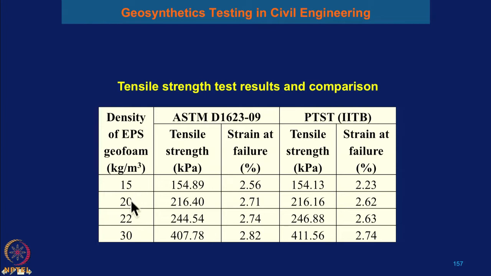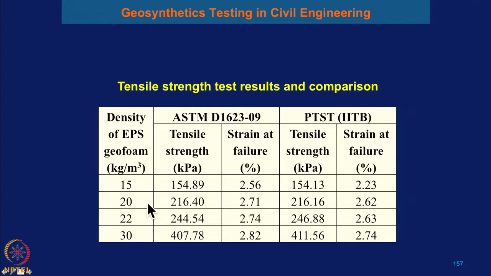This is 15, 20, 22 and 30. As per ASTM D1623-09, the tensile strength of the EPS geoform for 15 density is 154.89 and the corresponding strain at failure in terms of percentage is 2.56.